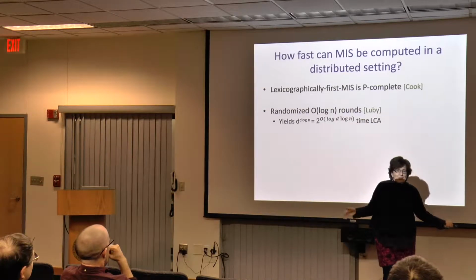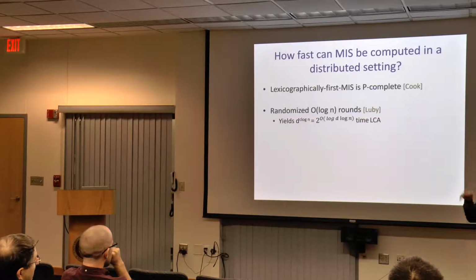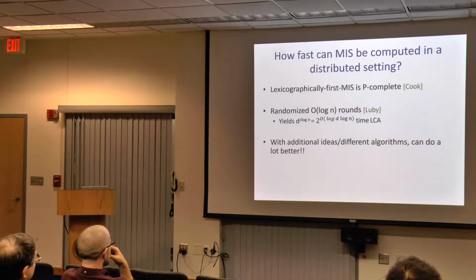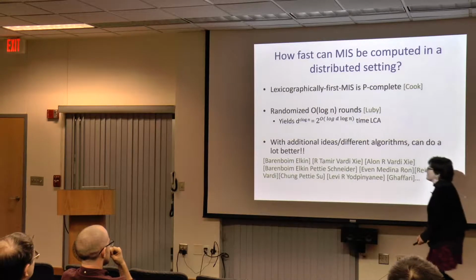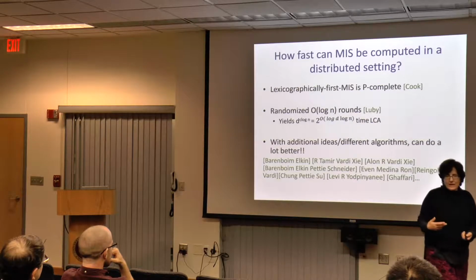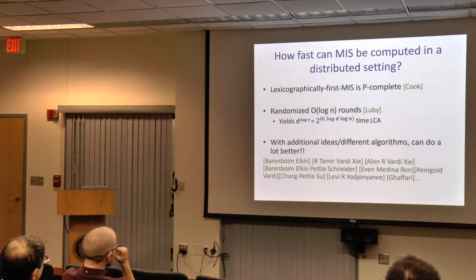So we would have done better with our linear time MIS algorithm. So that itself is not quite there, but with additional ideas and different algorithms, you can do a lot better. Even, for example, Barenboim and Elkin had a big improvement in the MIS algorithm. Even that gives you something much better.